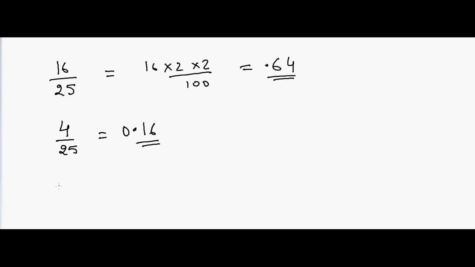Another example is if I have 44 to divide by 25, so 44 into 4, that's what we have to do. So 44 into 2 is 88, and 88 into 2 is 176. So answer will be equal to 1.76.